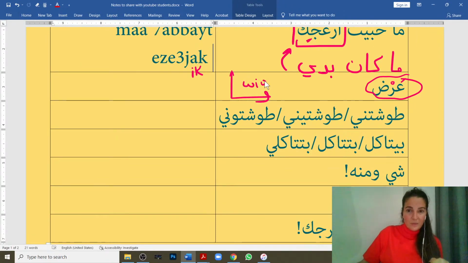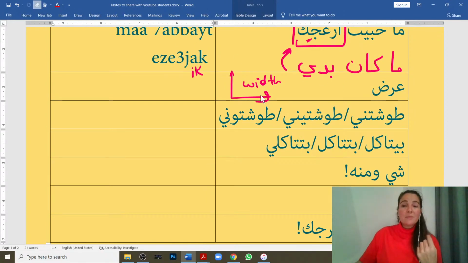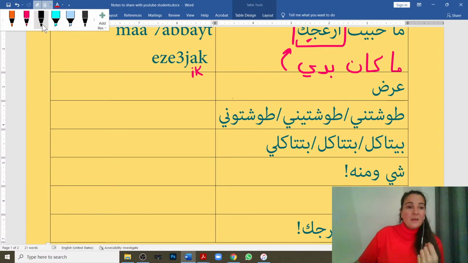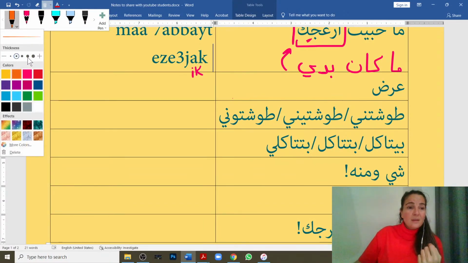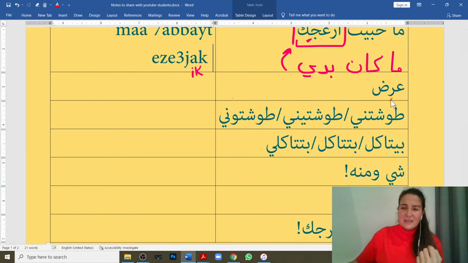It's a short syllable word, but we can also pronounce it with an added sound because it's easier. Whenever we have one syllable words, we tend to add a sound on the letter in the middle, as if you're adding like a kasra, but it's more like a sound. So it can mean width.